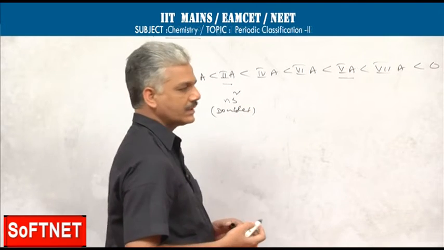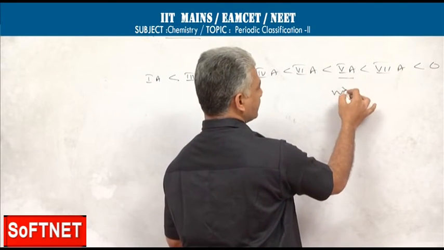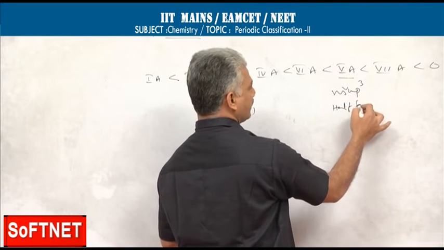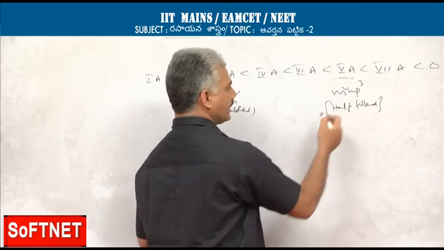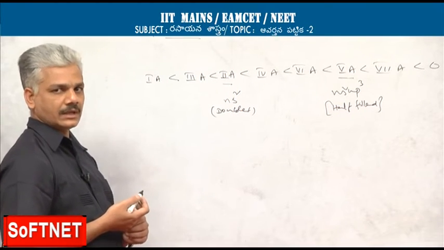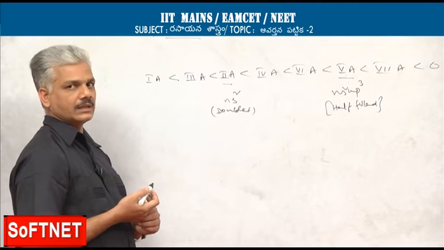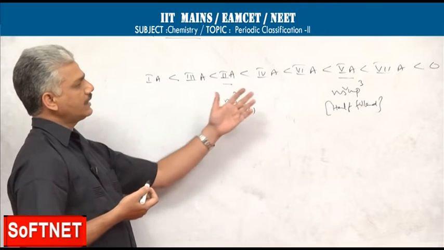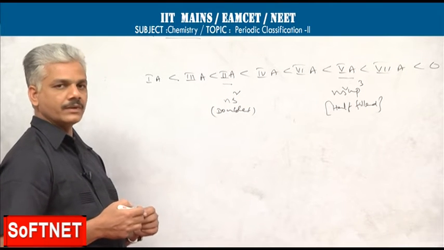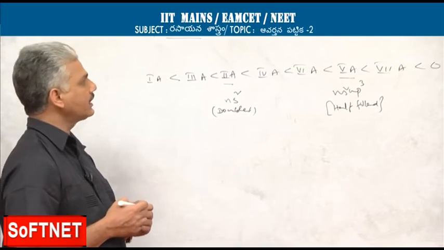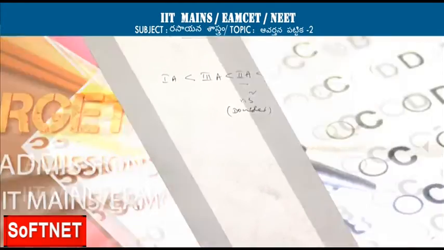In case of 5A group elements, the general electronic configuration is ns2 np3, which comes under half-filled type of electronic configuration. That is why their IP values are comparatively higher than the immediate group elements. So, this order has to be remembered while working out problems on periodic ionization potential.